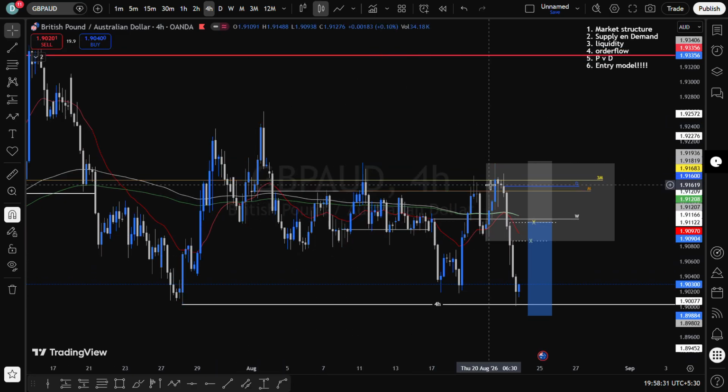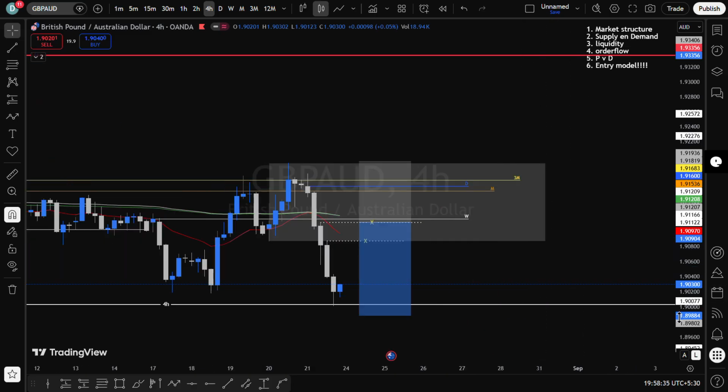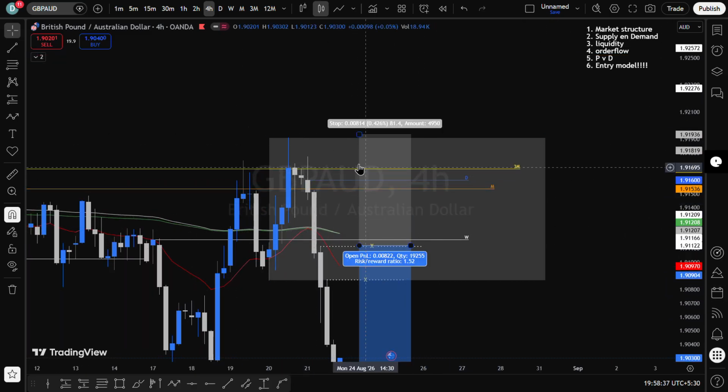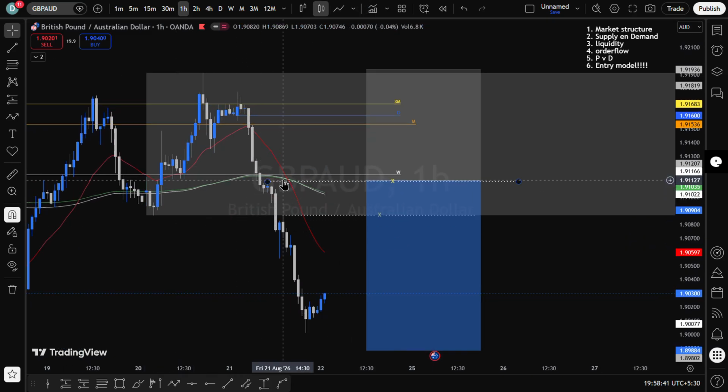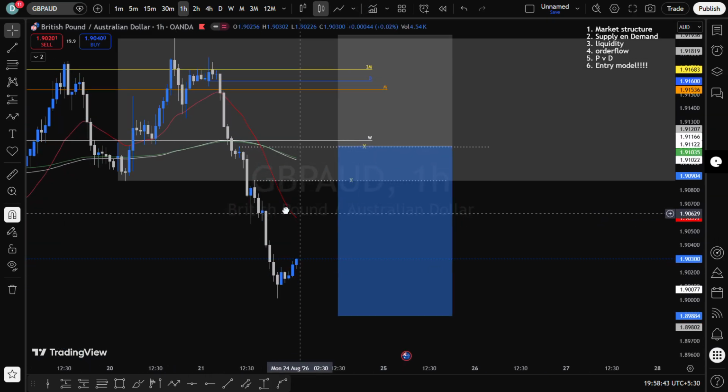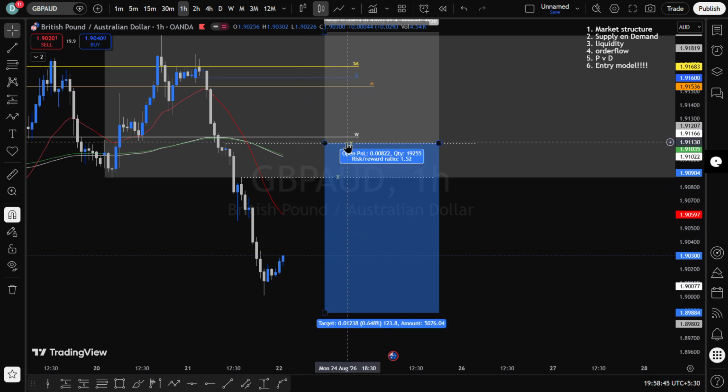After rejecting from the 3 monthly and monthly level, we can zoom in, it also changed structure, and on the 1 hourly we can find significant liquidity lying on these. So I will put my sell limit order here, and I will enter from here only.